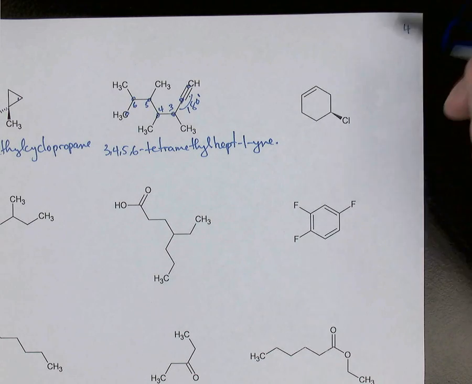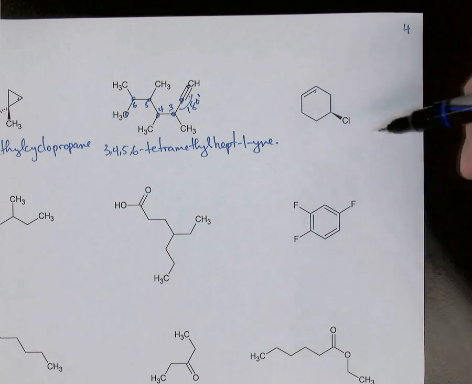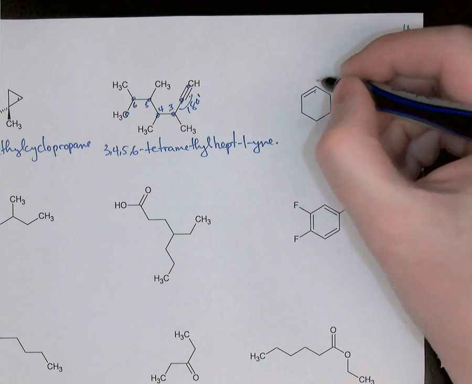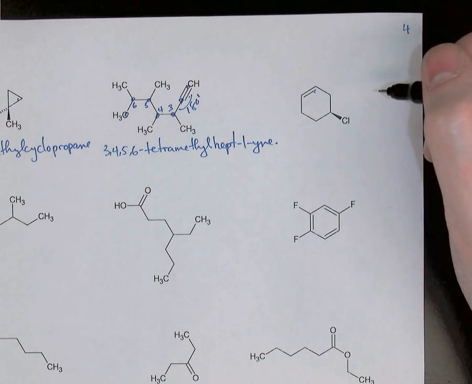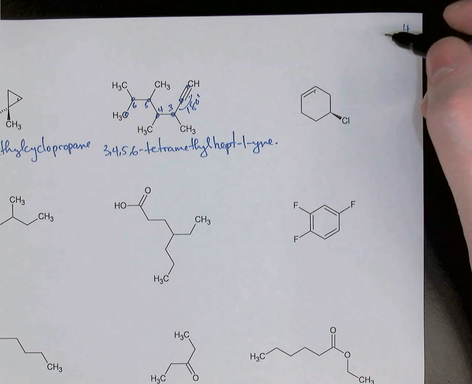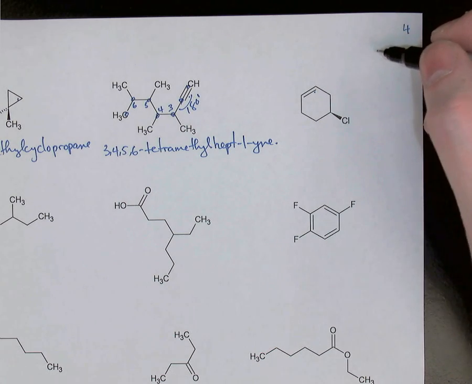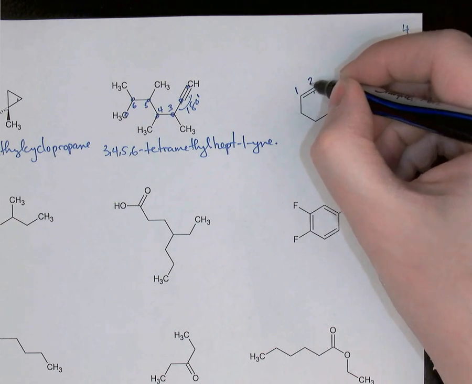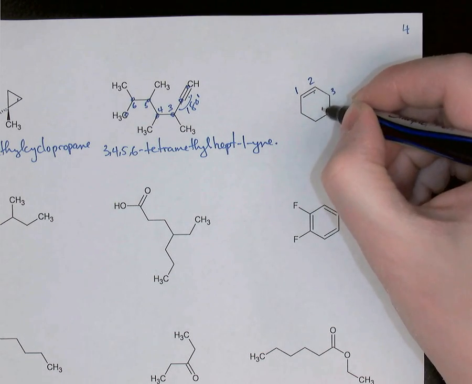Next we have a cycloalkene again. It's a cyclohexene, numbering the 2 carbons in the double bond as carbons 1 and 2, and numbering them in a way that keeps the branch number smallest. I think I would do 1, 2, 3, 4.